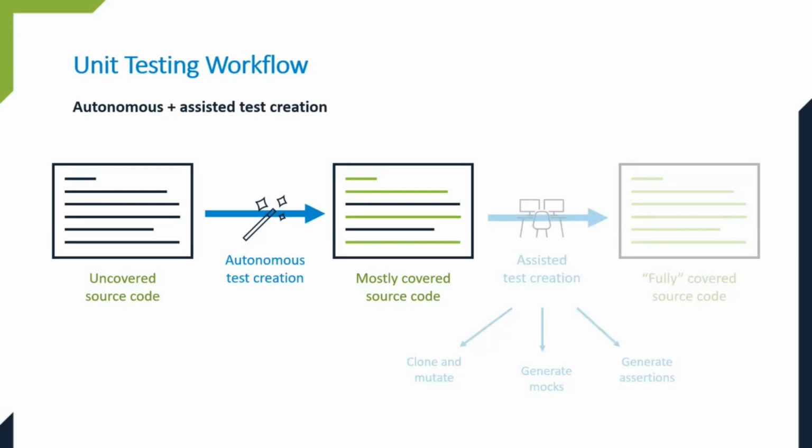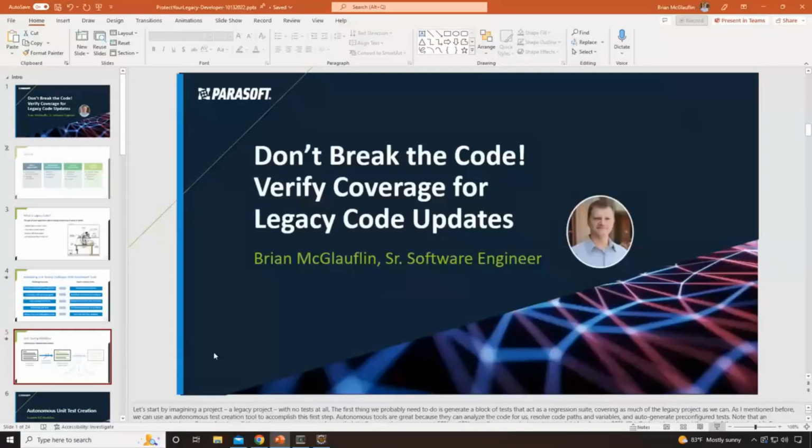So what we're going to need long-term is a tool that'll get us the rest of the way to fully covered source code using a variety of different techniques. And I'll talk a little bit about how we get the rest of the way in a little bit. But for now, let's see how far we can get with an autonomous test creation tool like Parasoft JTest.